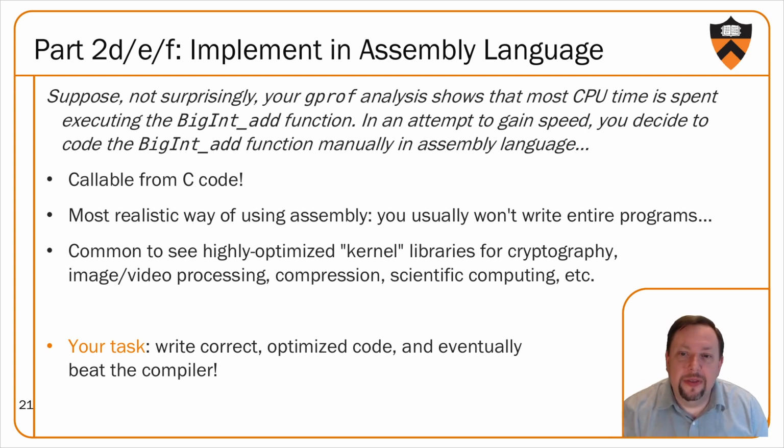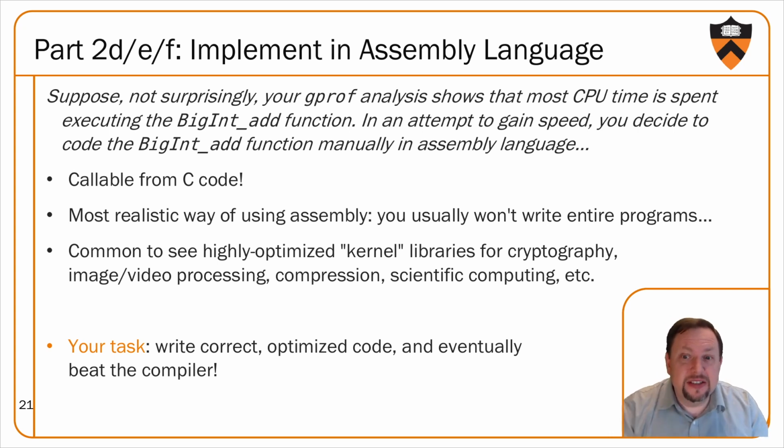You'll see people out there releasing very optimized libraries, sometimes called kernel libraries, that accomplish very particular tasks in cryptography, image processing, video, compression, scientific computing, and so on and so forth, where they've taken just the very inner loops of all of these algorithms and rewritten them to run as quickly as possible for a particular hardware architecture.